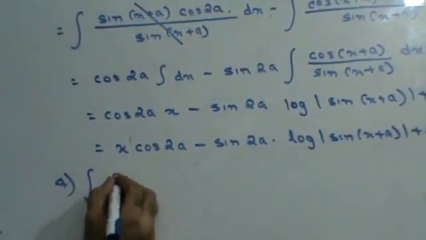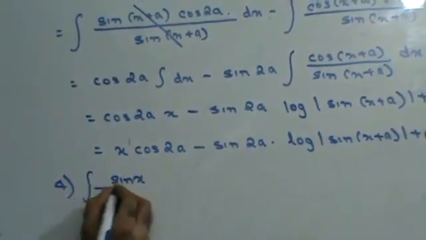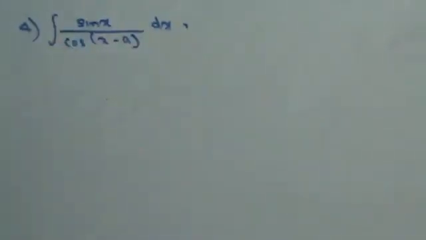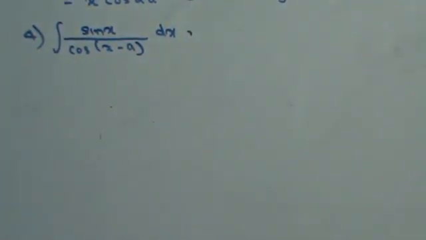Integral of sin x upon cos x minus a dx. Right? Let's see this. Again, the degree of polynomial is same in the numerator and denominator.